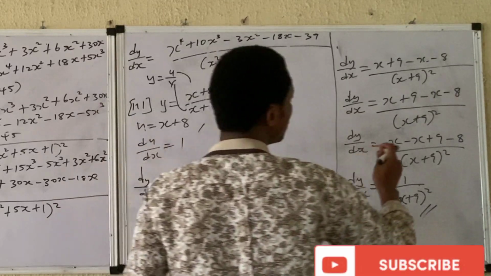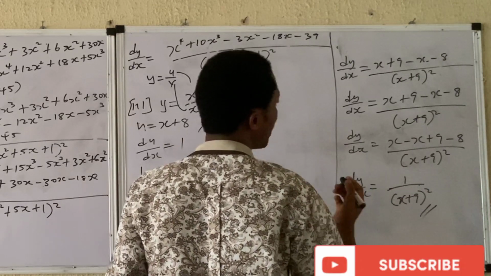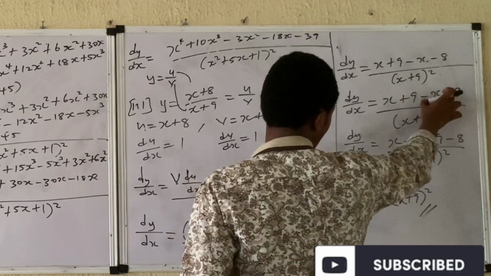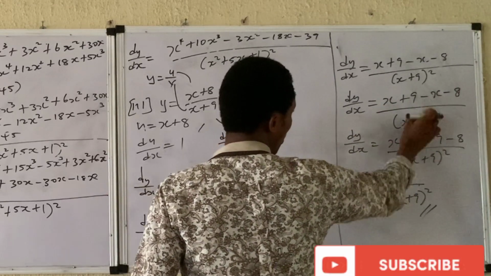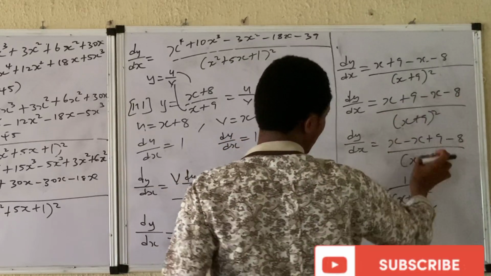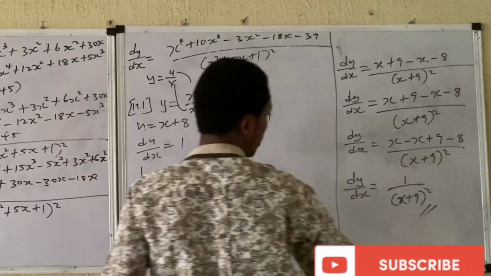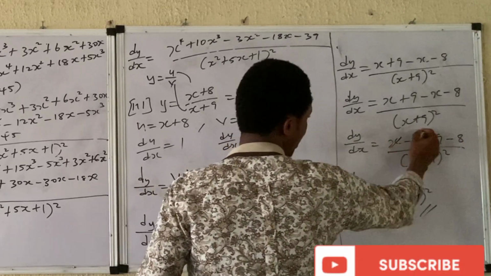now we collect like terms. So you have positive x and negative x, right? x minus x, where we have 9 and negative 8. x minus x plus 9 minus 8. Since it's x minus x, this x cancels out this x.